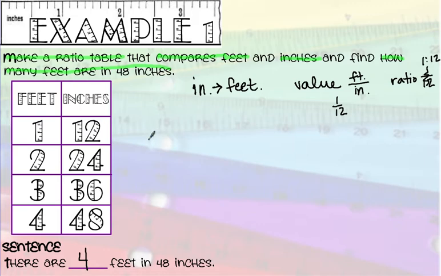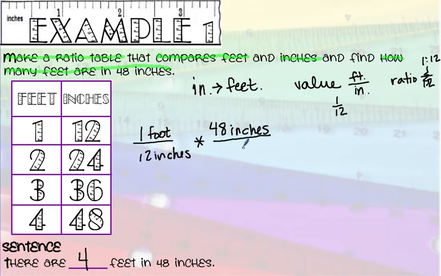Okay, so what I would do is I would take my 1 foot, and I am going to use labels here so we can remember how to work with them and how they cancel each other out. 12 inches. And I'm going to multiply that by what I have. And in this case, I have 48 inches. And I know I put that over 1. Here, my inches cancel out.